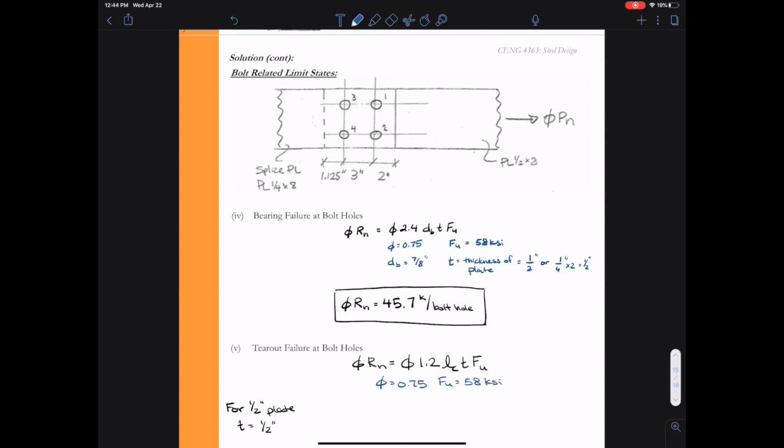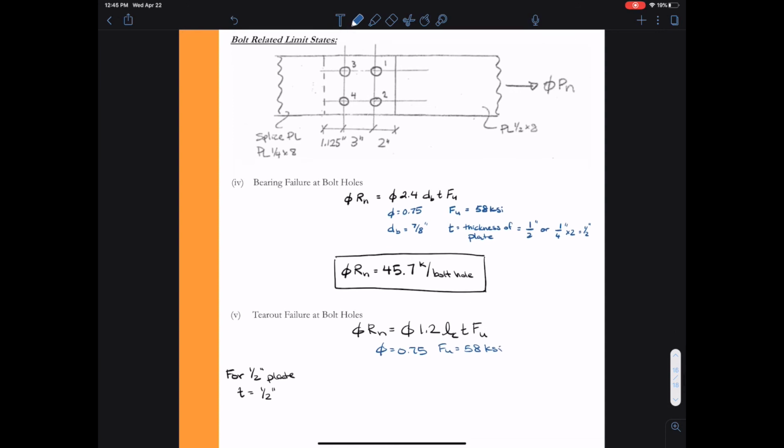Again, for a rupture limit state, F sub u will be 58 KSI because we have A36 steel. For the 1/2 inch plate, my thickness is going to be T, and now I have to calculate my clear distance L sub c for the 1/2 inch plate. Now, if you've noticed, I've numbered my bolt holes. So I have bolts number 1, 2, 3, and 4 in the figure above.